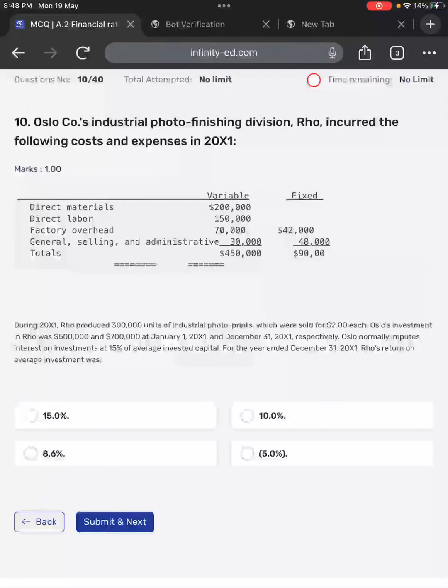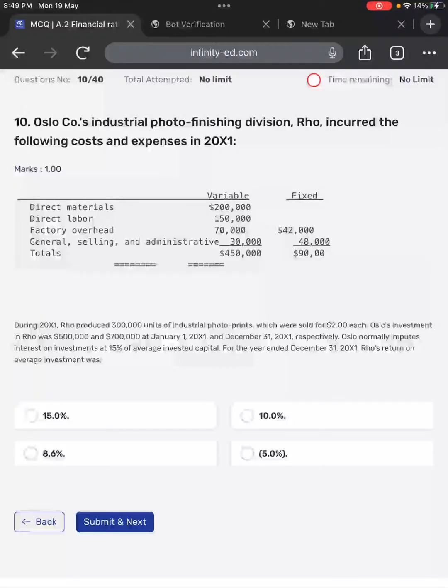Average investment on capital for the year ended December 2001, the return on average investment was, we have to calculate. We already talked about this one. We have to average the assets already given, 5 lakh and 7 lakh divided by 2. I hope 6 lakh will come there.